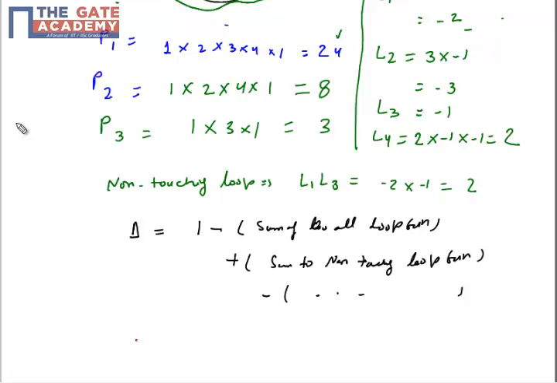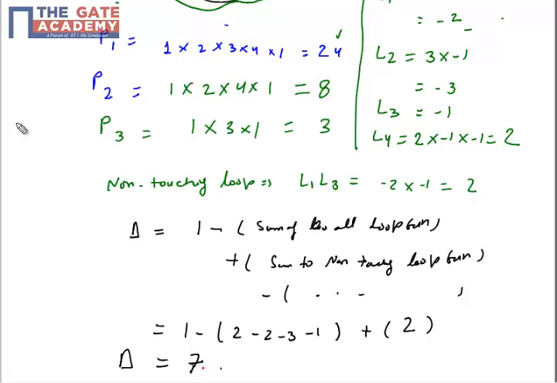We don't have any. So the sum of all loop gains is -2 -3 -1 plus 2, and plus the sum of two non-touching loop gains, which is 2. So my delta turns out to be 7. My delta is coming as 7.